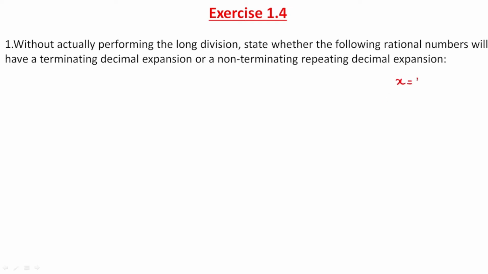If you're considering x as a rational number p by q, then q, when you prime factorize it, should be in the form of 2 power m and 5 power n. So remember both of these conditions. It makes it easy to find out whether a number is a terminating decimal or a non-terminating decimal.